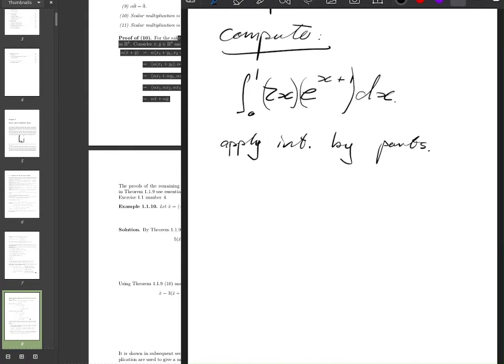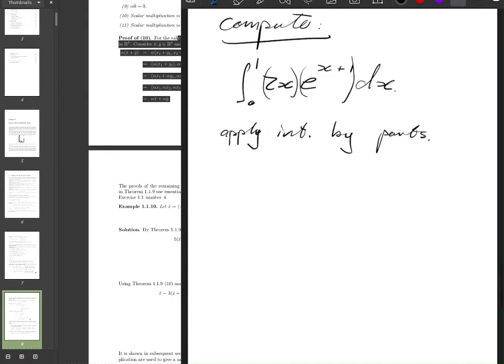So now what do we want to do? We want to view one of these functions as a derivative and the other one as another function that we can transfer the derivative to. So our g will be the function that we view as a derivative, and our f will be a function that will hopefully become simpler if we take its derivative.